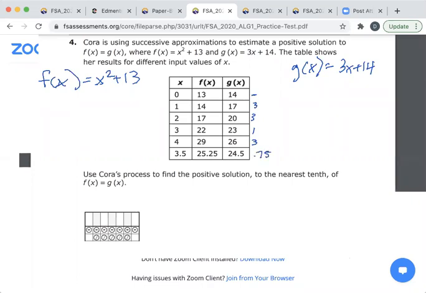So we know that we're getting in the range, right? It's got to be somewhere between 3 and 4. And at 3.5, it's at 0.75.